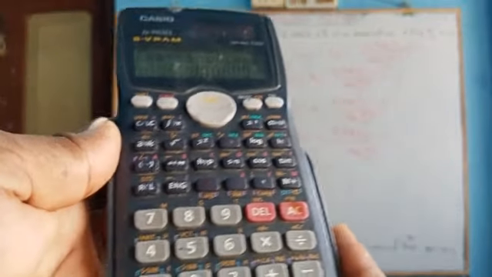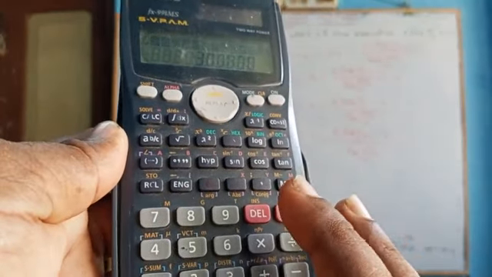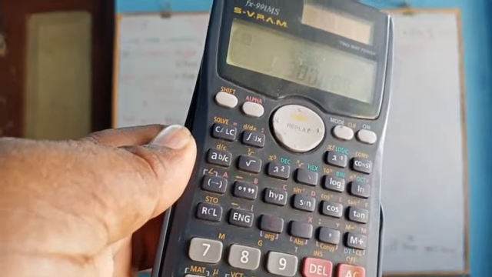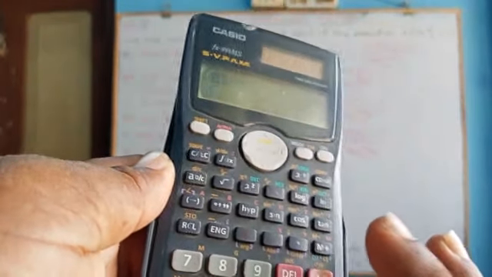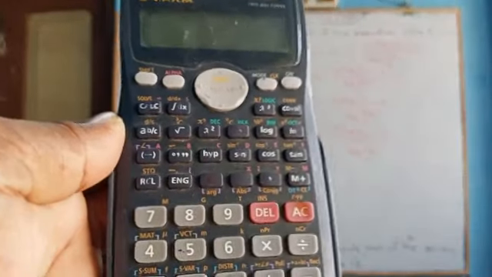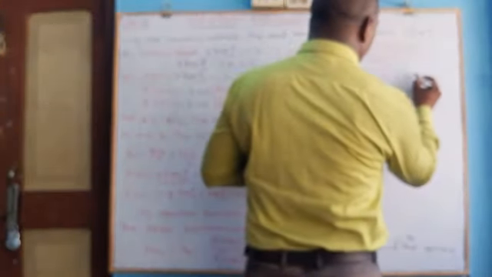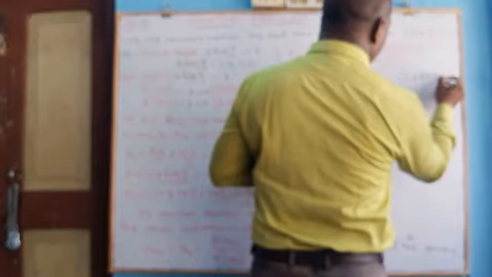CLC. The first approximation x naught is 2.5. Substituting, we get 2.68895.